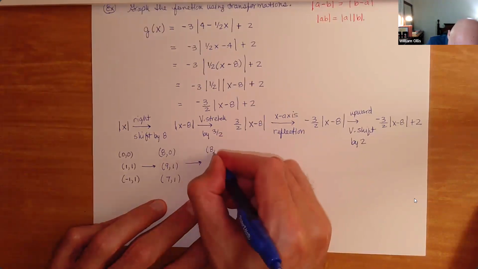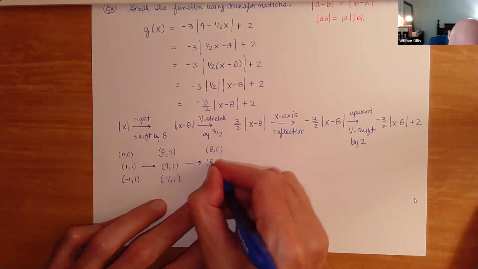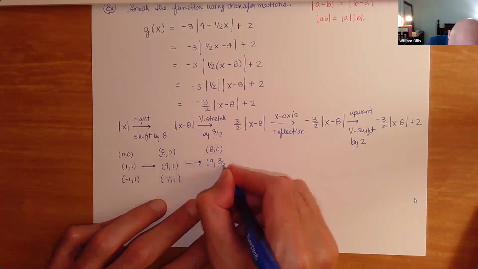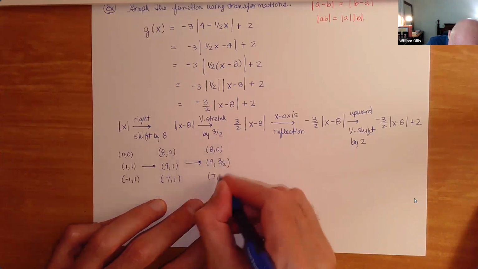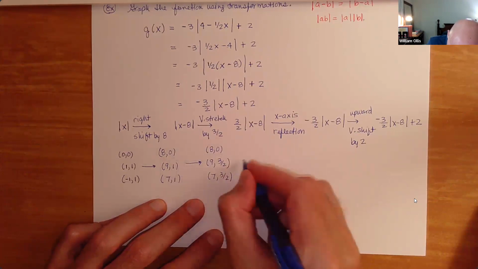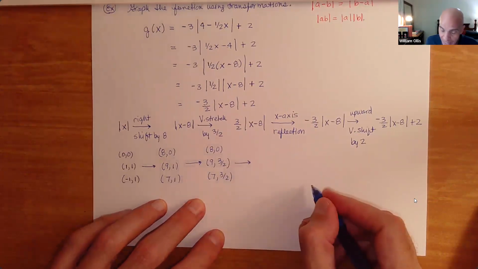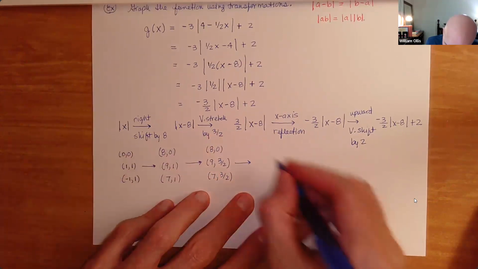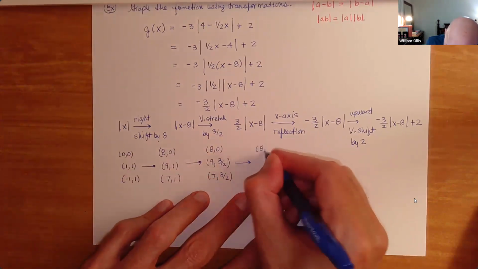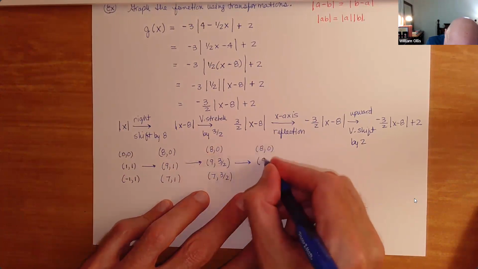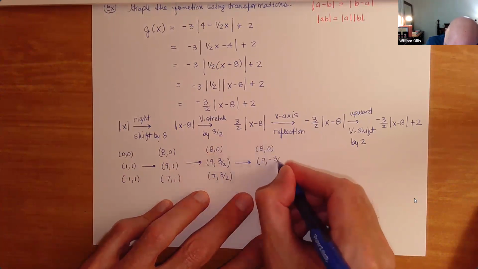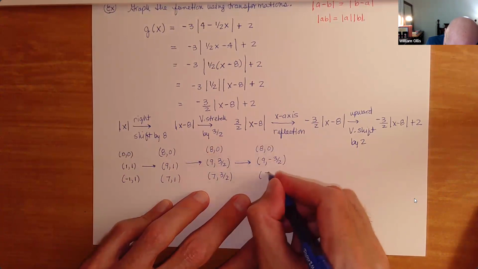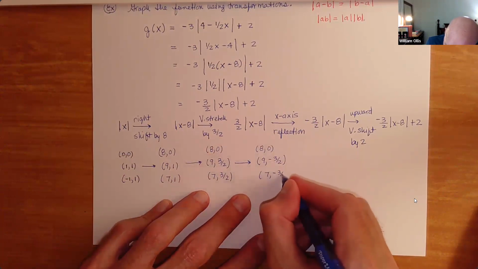So we get 8, 0, 9, 3 halves, 7, 3 halves. And let's do an x-axis reflection. So all of the y coordinates get a negative. So 8, 0, 9, negative 3 halves, 7, negative 3 halves.